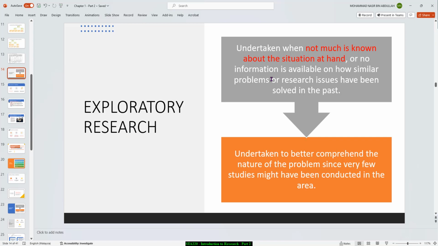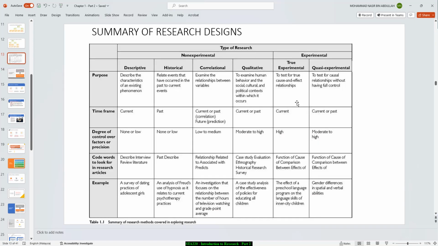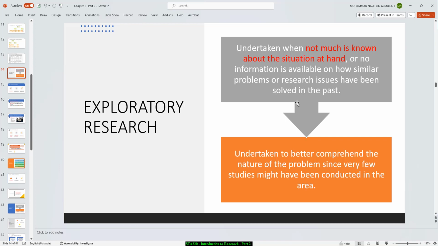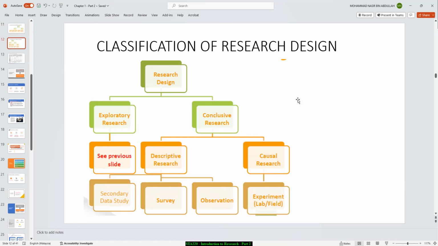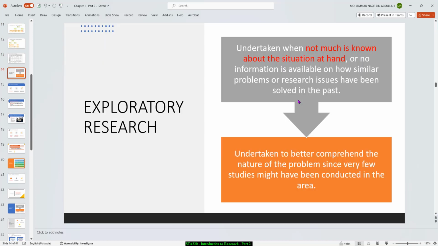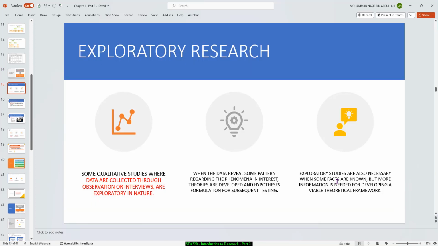So exploratory research design, also known as descriptive and correlational, right? So when you combine these two together, it becomes exploratory research design, right? Undertaken to better comprehend the nature of the problem, since very few studies might have been conducted in this area lah. We just want to explore, right, or describe the data.